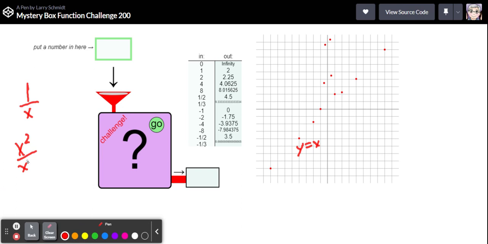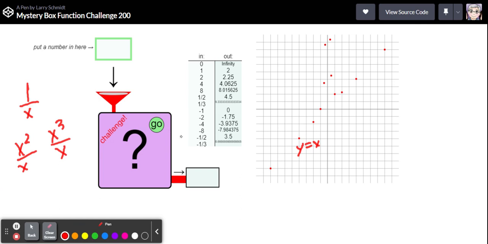So probably something has been added or subtracted. It might not be x squared though. The next way you could do this is have x cubed over x. I think you'd get something similar, but again, this would just simplify to a quadratic. So maybe something's been added.